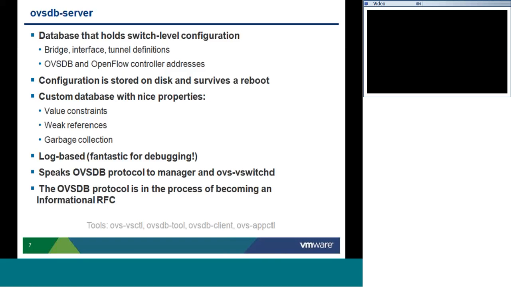The ovsdb-client interfaces with it at a low level, where you're actually doing the JSON-RPC calls. And then ovs-appctl is a utility that is available to communicate with any daemon. It connects to a particular daemon, and then it can figure out the commands that are specific to that daemon.